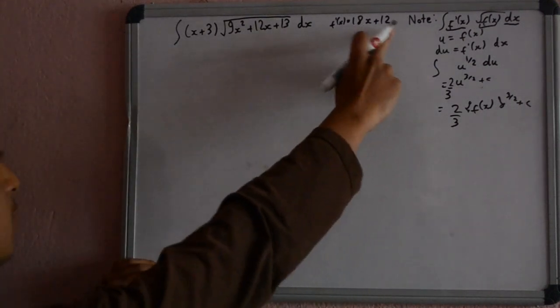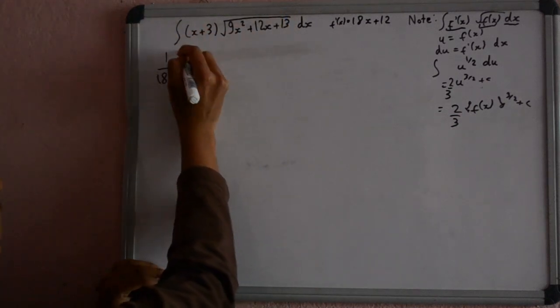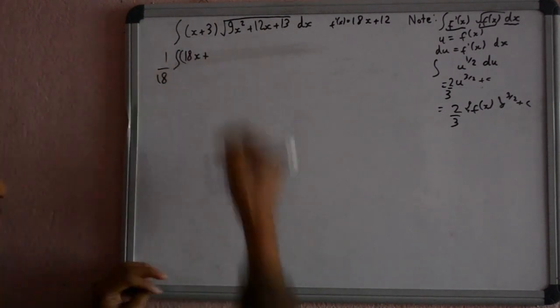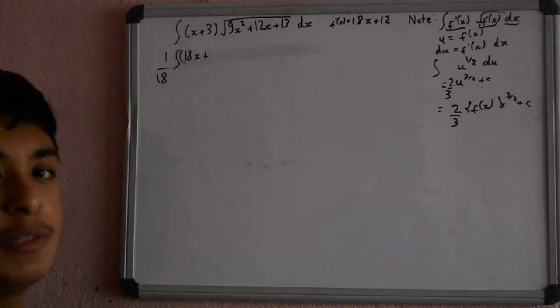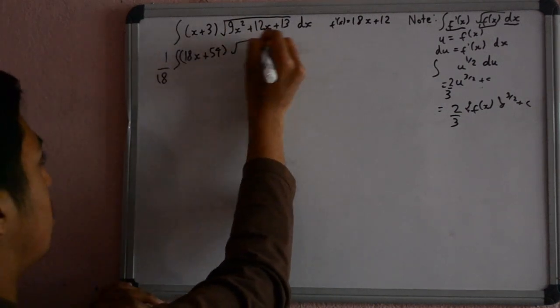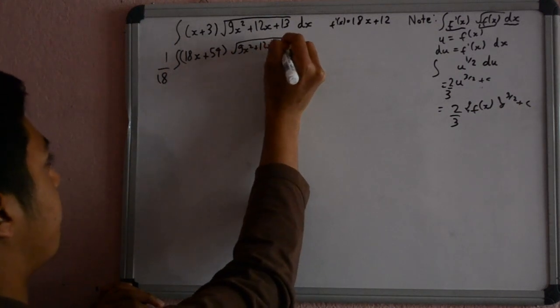And we want 18x plus 12, so just multiply by 18. This becomes 18x, and 3 times 18 is 54, root 9x squared plus 12x plus 13.